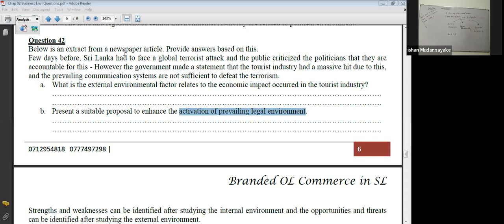Another example. Improving prevailing communication system. Yes. Collaborate with tourism industry. Use cyber security.